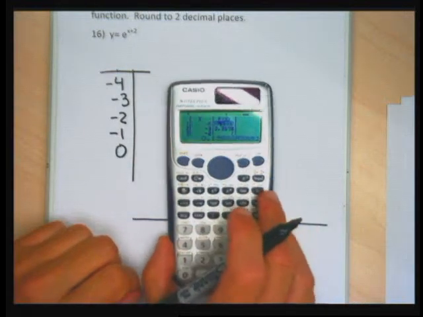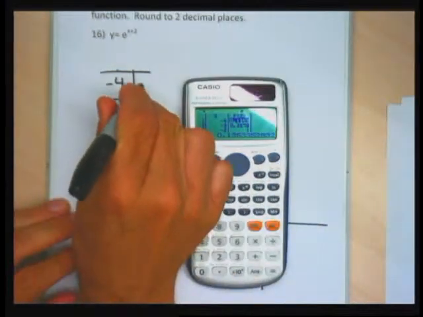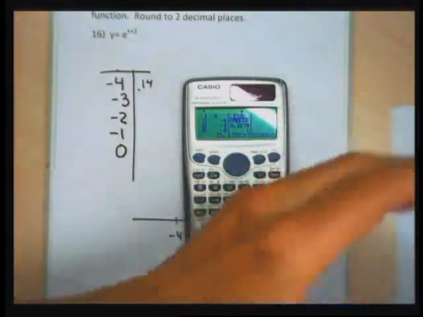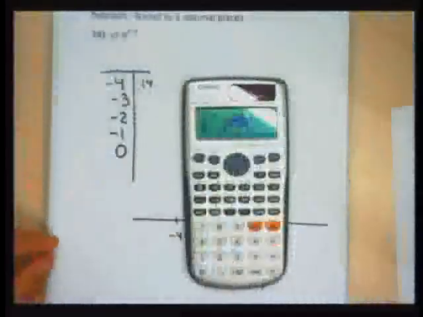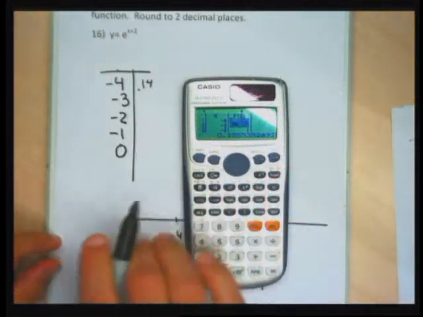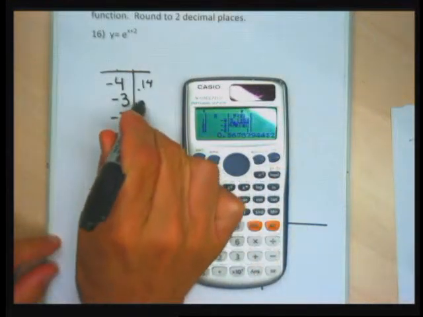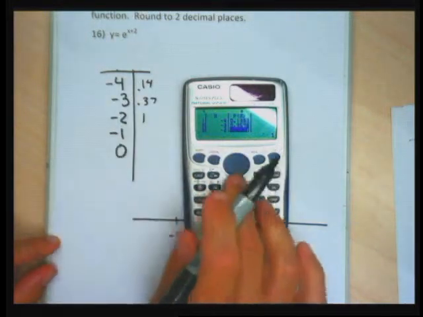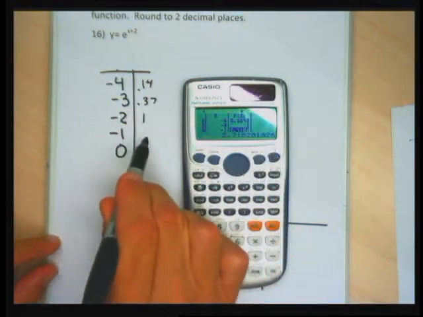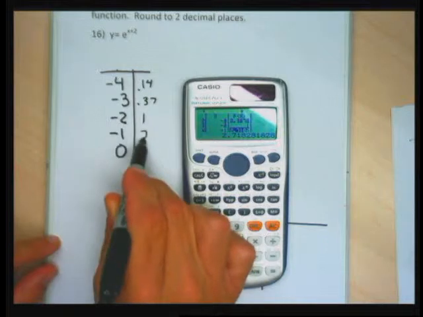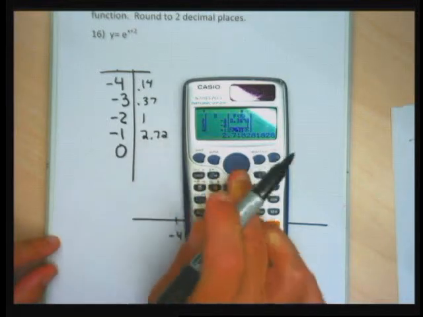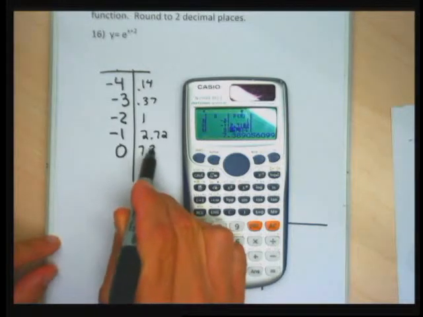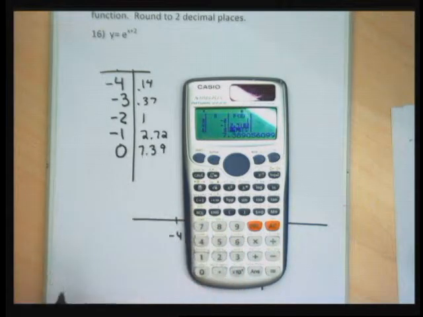So I get 0.14 next to the -4. And in the last problem, I did do 0.14, okay. And then 0.37 next to the -3, same y's. 1 next to the -2, 2.72 next to the -1, and 7.39 next to the 0.